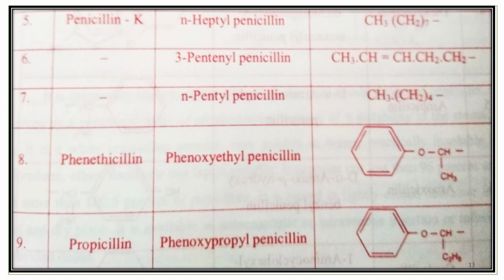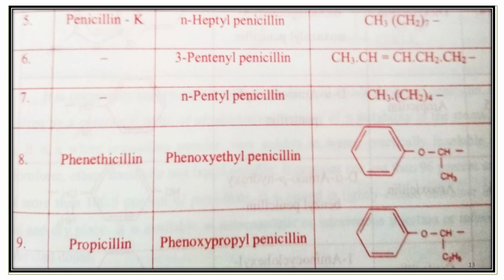The chemical name is phenoxyethyl penicillin. In phenoxymethyl penicillin we have C6H5OCH2. One hydrogen will be substituted by a CH3 group in the case of phenoxyethyl penicillin.